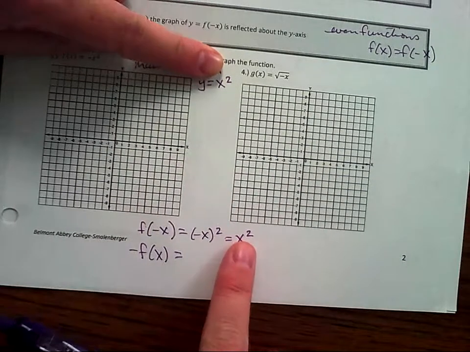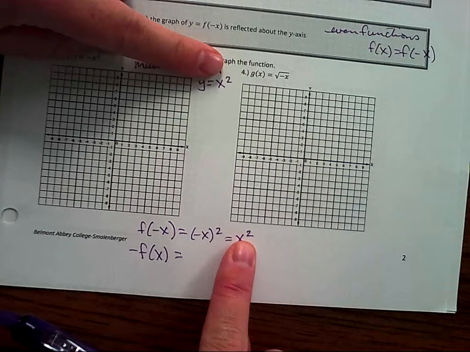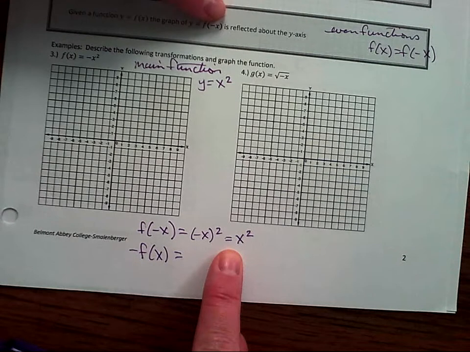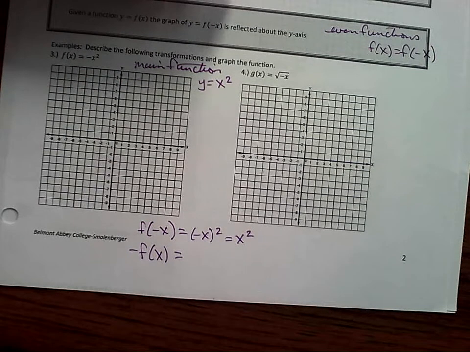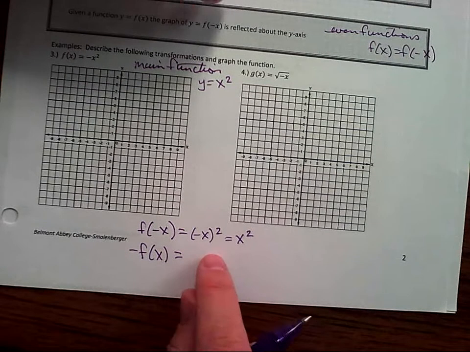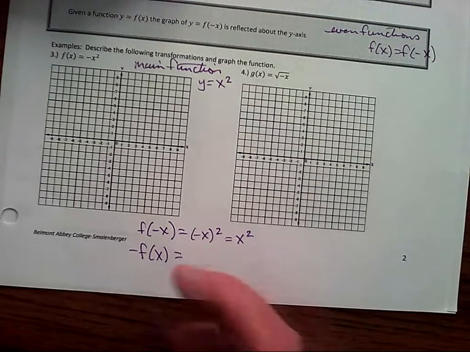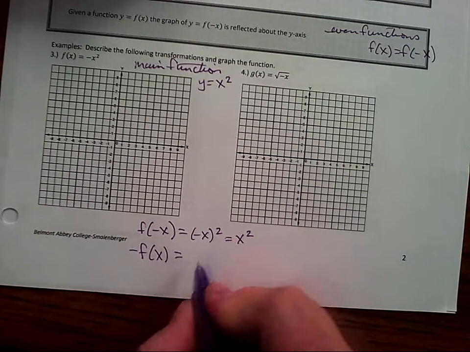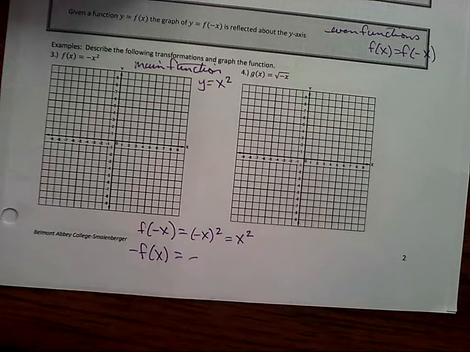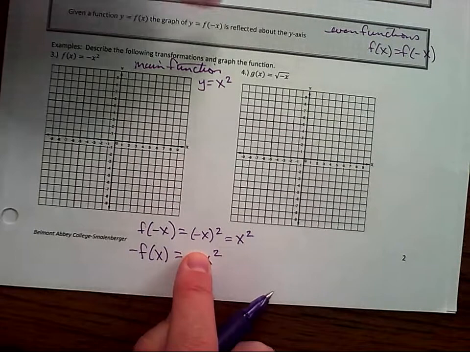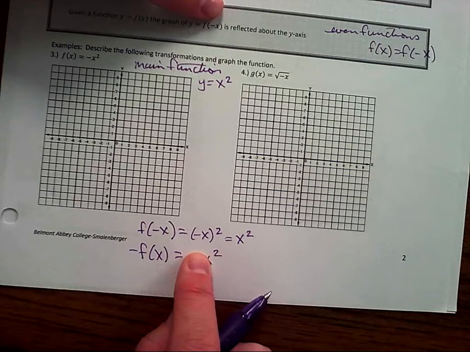So that's not the same, right? So this is not reflected over the y-axis. Now let's see this one. Negative f of x is, I put a negative out in front of my function. Those are the same, so this is reflected over the x-axis.